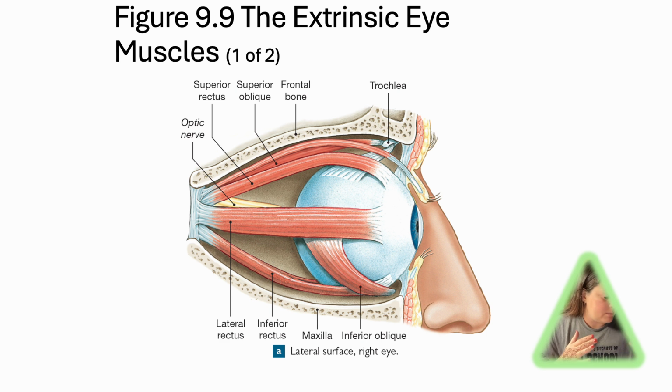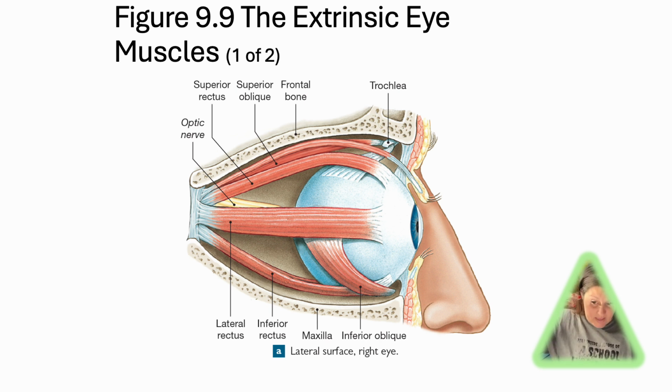Again, in superior, inferior, you know where we're going to find these muscles. And oblique means that it goes across at a diagonal. So the superior and inferior oblique muscles: the superior oblique muscle pulls the eyeball across so that you look down and lateral.